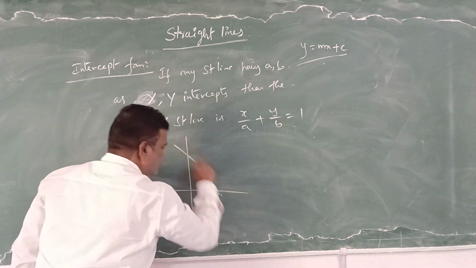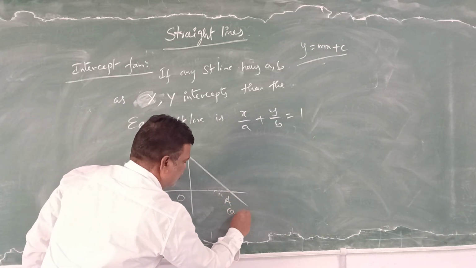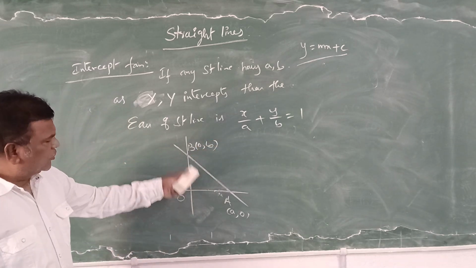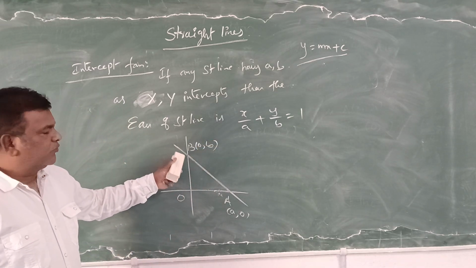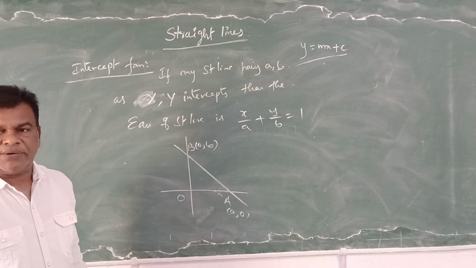We can derive this similarly. This is origin, a comma 0, and this is 0 comma b. So we can find the slope, equate it to slope point form, and you can get x by a plus y by b equal to 1.